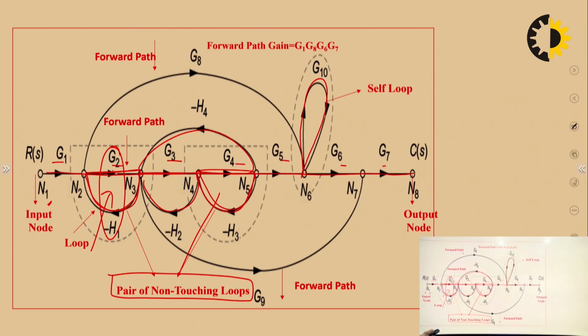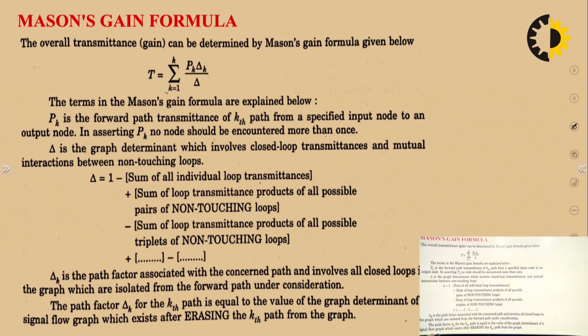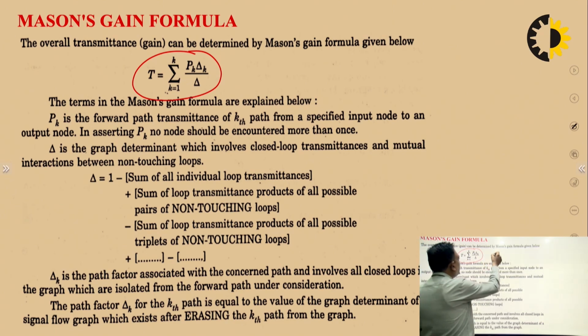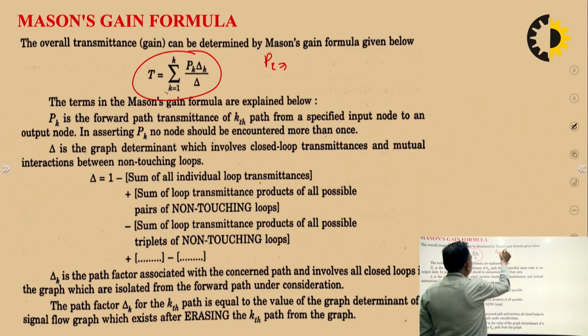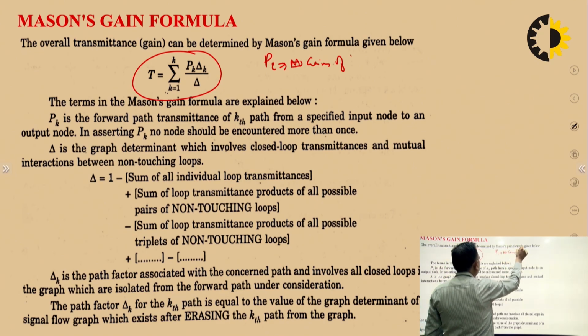Now, based on this, we can easily find out the transmittance. How? First of all, we will see Mason's gain formula. Mason's gain formula is the summation over k equals 1 to k of Pk delta k upon delta. Pk is the gain of the forward paths.